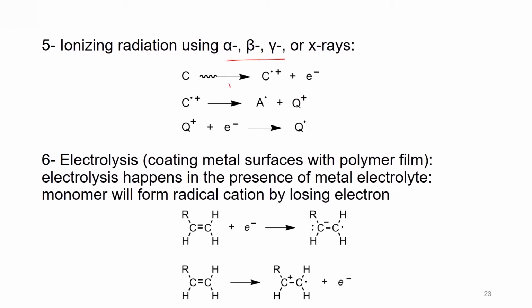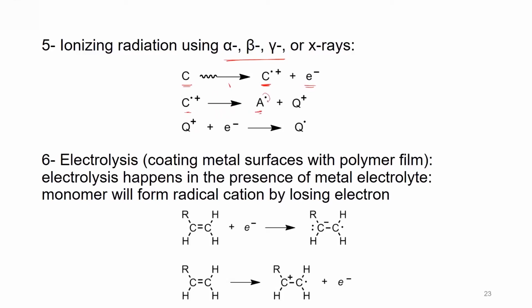Radiation can also be used for the initiation. You can see that here I have the initiator, and once it is hit by a beam of radiation, it will form this positive ion and give away one of its electrons. This positive ion, when it further dissociates, will dissociate into two particles.